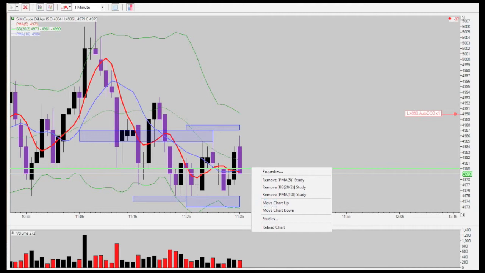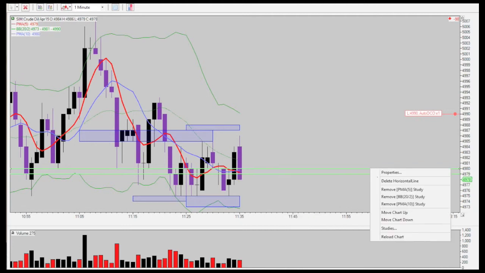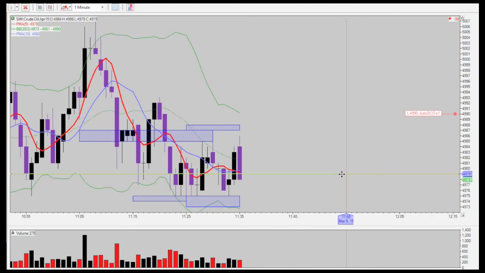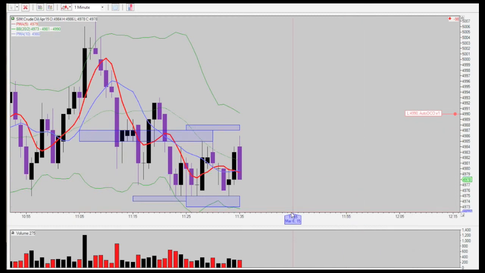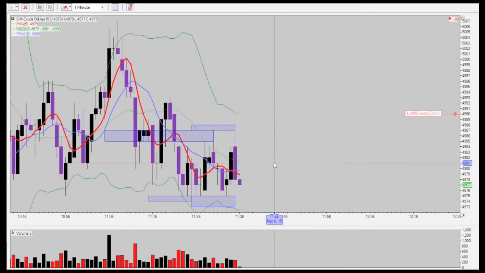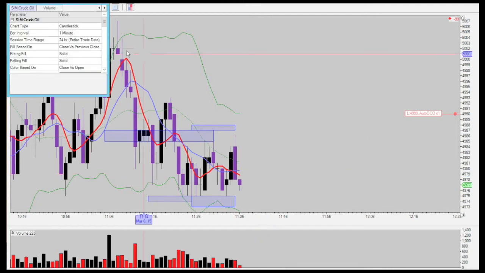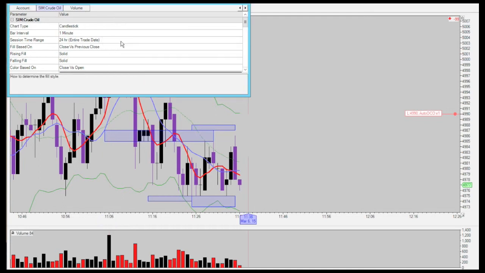So we're going to remove the horizontal lines. Let's see how these stops look in relationship to our trade here.